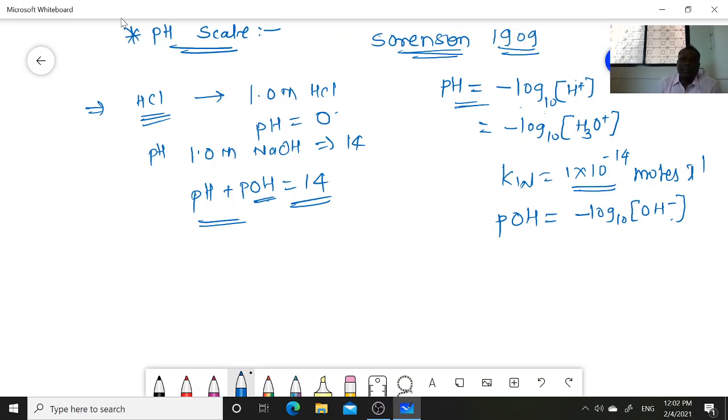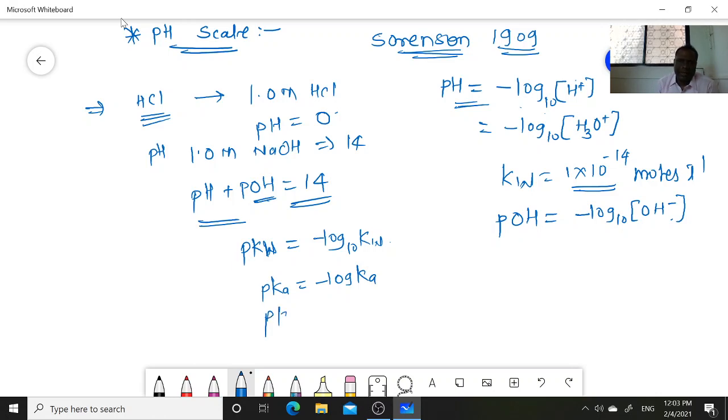Right? Then pKw is equal to what? pKw is equal to negative log to the base 10 of Kw. pKa is equal to negative log of Ka.